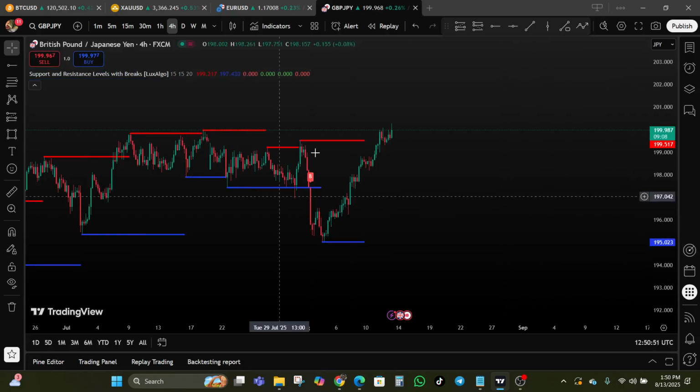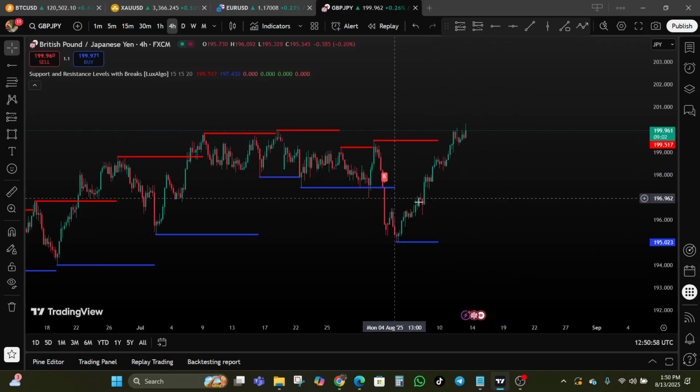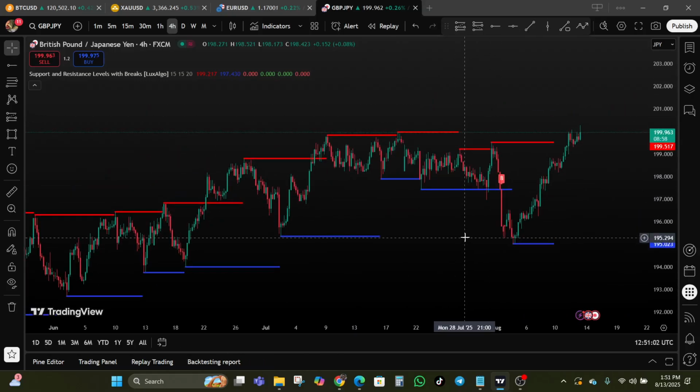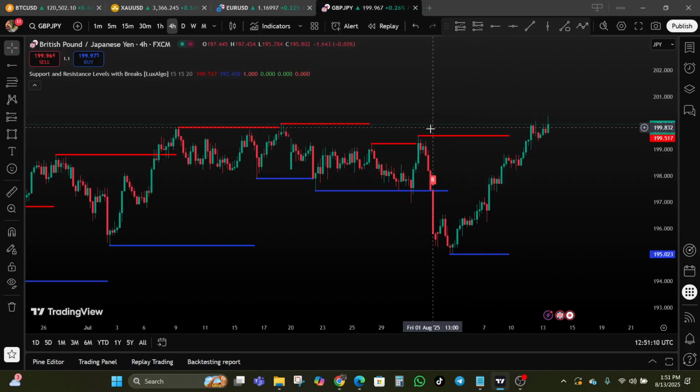Now once you apply the indicator to your chart, the indicator can be used in several ways. Just to give a little bit of detail on a few ways you can use the indicator, one of them is bounce trading. When price approaches a support zone or a resistance zone and shows signs of rejection, you can look for opportunities.